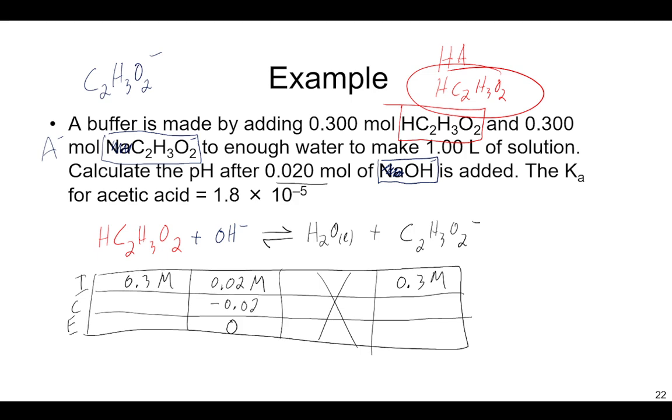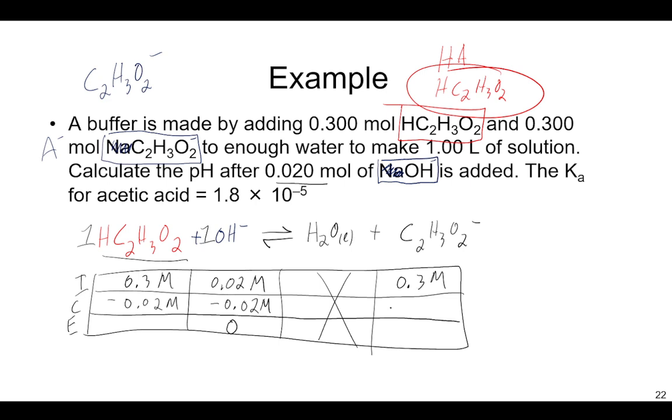So the change is that OH minus is getting all used up. What is it reacting with to neutralize it? The acid. So that also must be going down by that same amount, which makes sense in the context of our equilibrium chart problems. One of the things on the left side is going down. It's a 1-to-1 ratio in coefficients, so the other reactant is always going down by that amount.